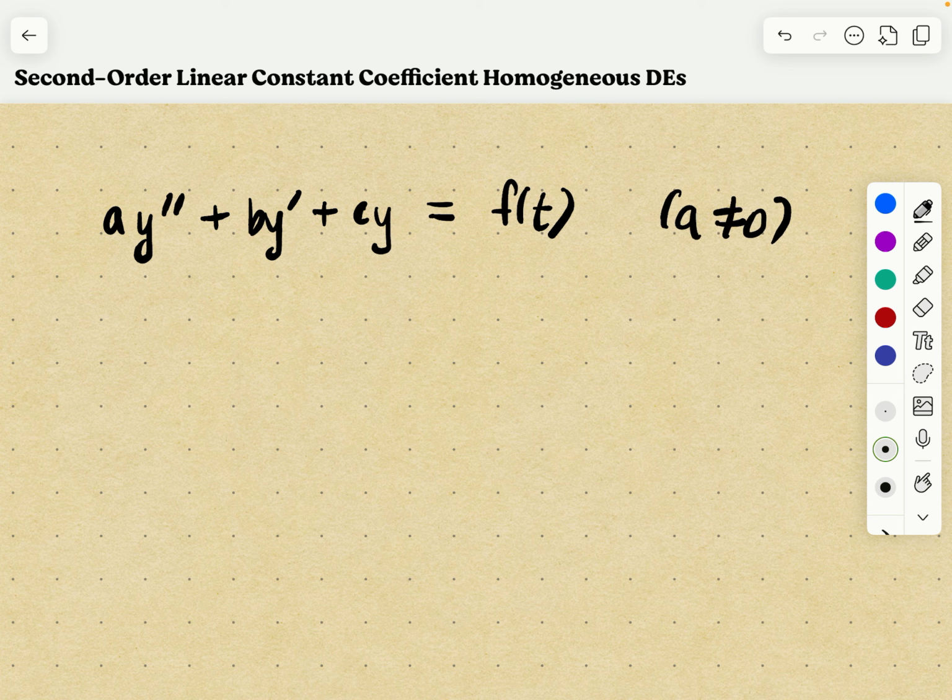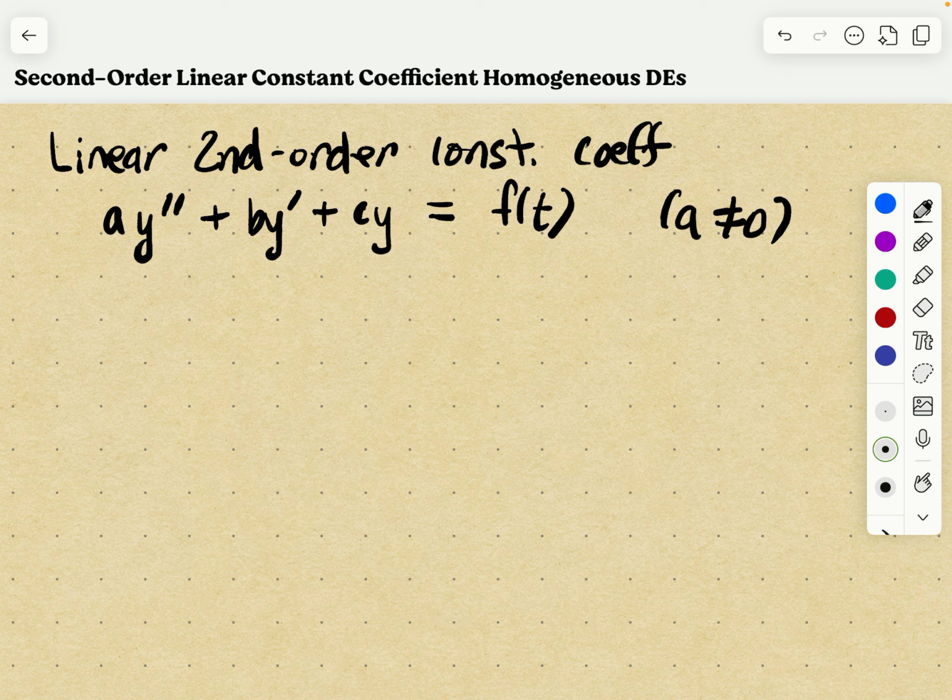So this is the general form of a linear, second order, constant coefficient differential equation. Constant coefficients because a, b, and c are constants.